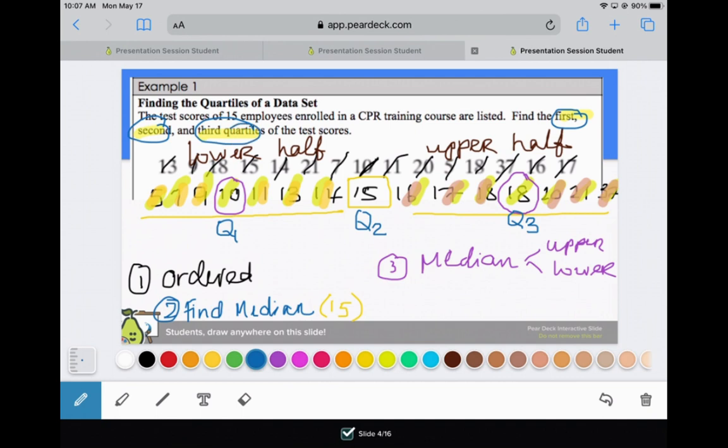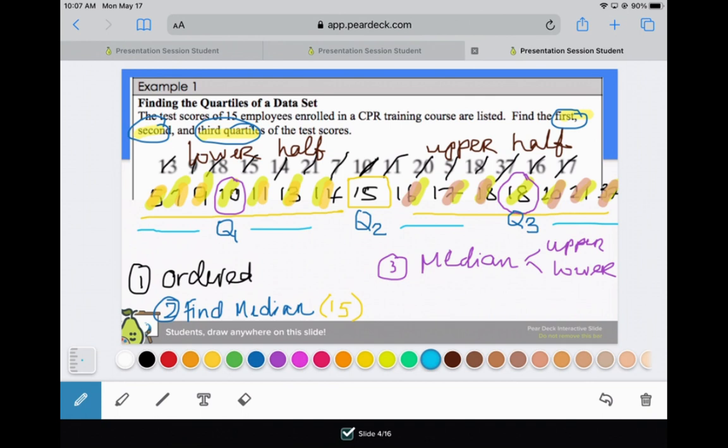I split my data into equal parts, and I'm using the median to split them up in equal parts. So in here you can see I have part 1, part 2, part 3, part 4. I have 4 equal parts.